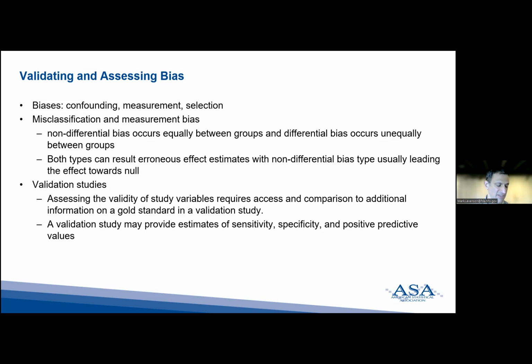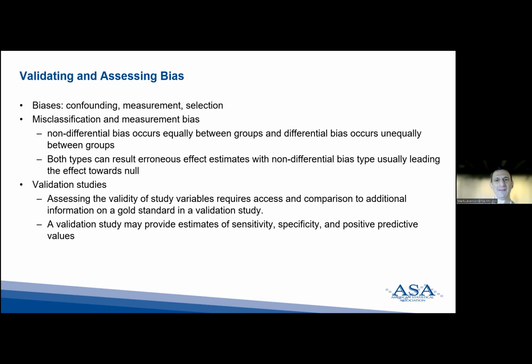Similar for selection. You know, if you have a lot of loss to follow-up, you may have selection bias. But as I said, we're mainly concerned with measurement bias, or for discrete variables, misclassification bias. So there are two ways of thinking about it. I mean, there's two classes of this.